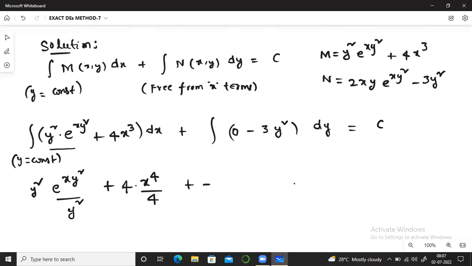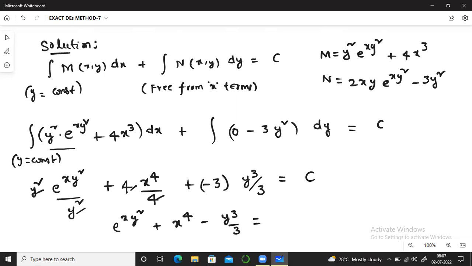Anyhow, minus is there, minus 3 integration of y square, y cube by 3, is equal to constant. The y square will cancel each other. So the final solution is e power xy square, 4 will cancel again, x to the power 4 minus y cube by 3 is equal to constant.